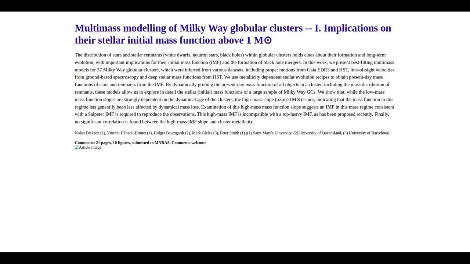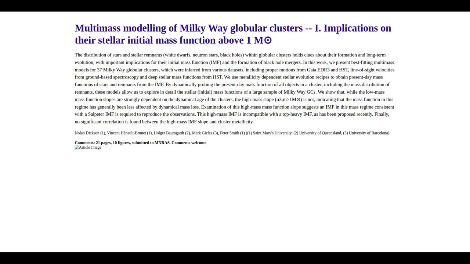In this work, we present best-fitting multimass models for 37 Milky Way globular clusters, which were inferred from various datasets, including proper motions from Gaia EDR3 and HST, line-of-sight velocities from ground-based spectroscopy, and deep stellar mass functions from HST.